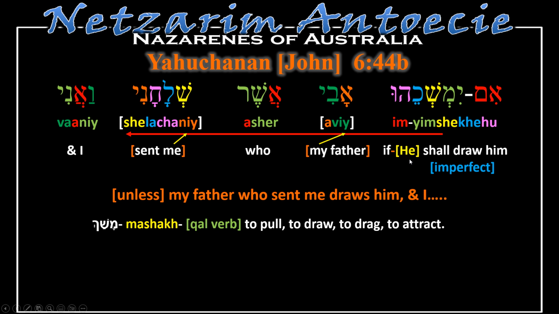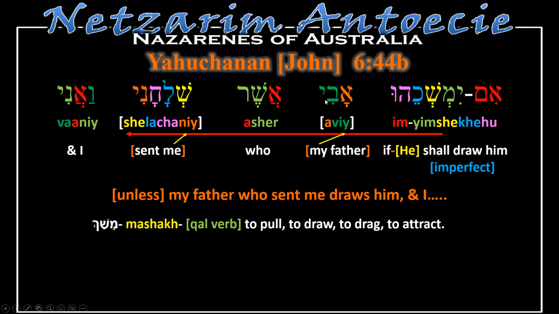Because there's no pronoun, we can say he shall draw him. So that's the him. The hu at the end means him. And the root of it is mashak, which is a kal verb, and it can mean to pull, to draw, to drag, to attract. It's an imperfect form because we have a yod, and then we have avi, my father.